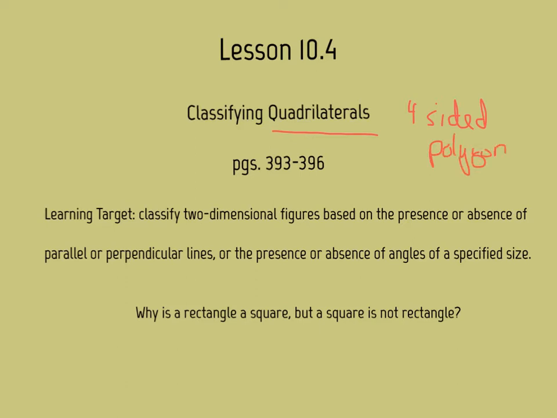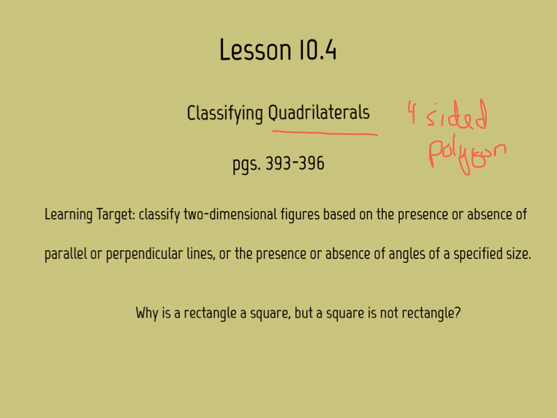Within our four-sided polygons, there are several different types that we can probably think of. We have a square, a rectangle, parallelograms, and also a rhombus. Those are just a few that come to mind. Really we're looking at any four-sided flat, meaning two-dimensional, shape.